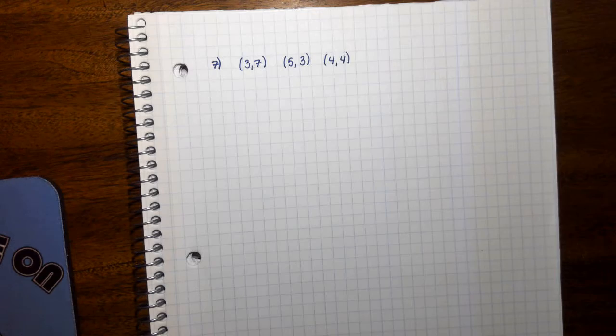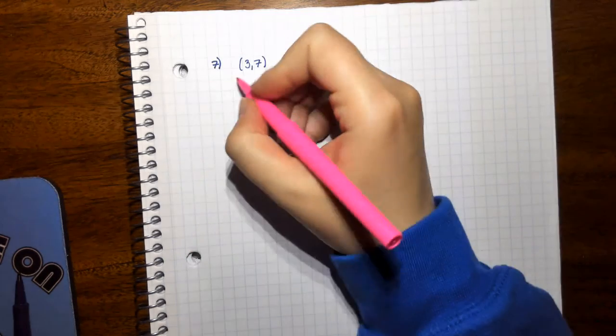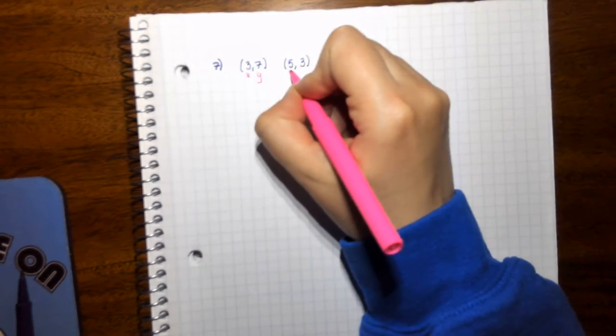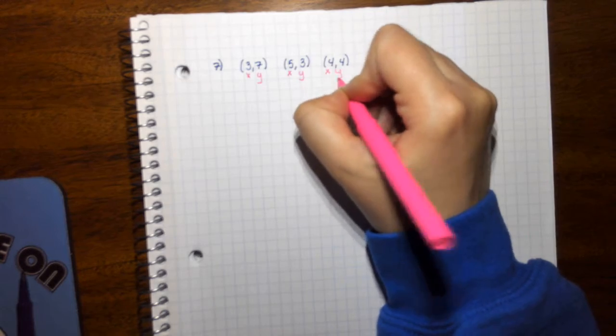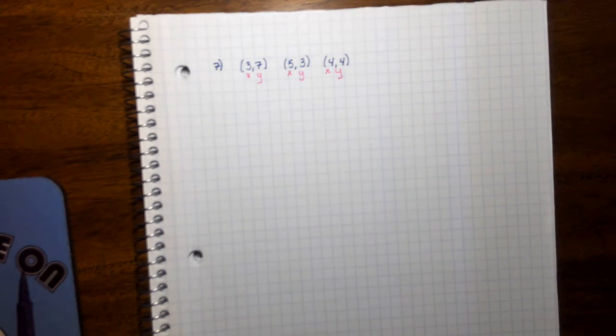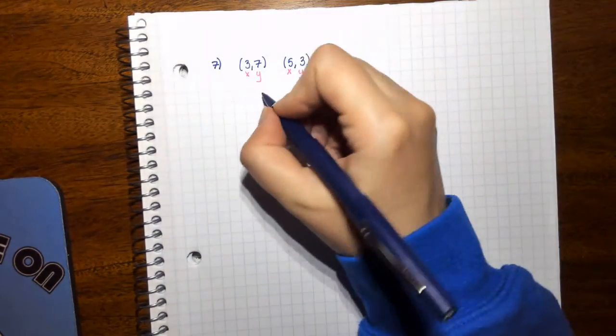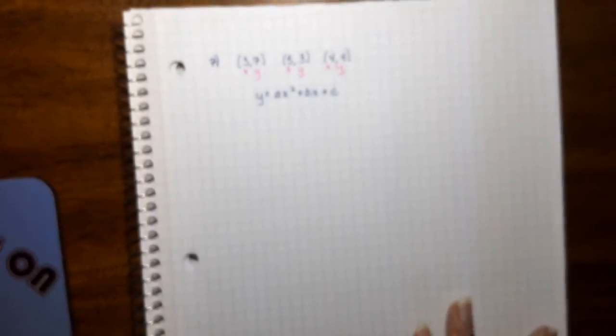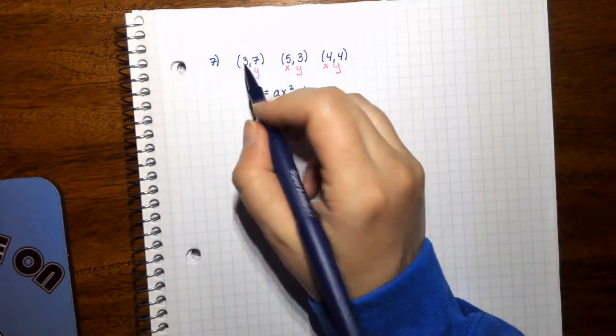Okay, so first step here, I'm going to label these. And we are going to use the standard form equation. And we're going to plug each one of these in for x and y. Okay, so we're going to start with this one.